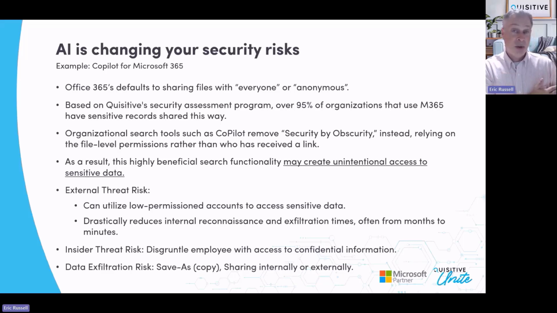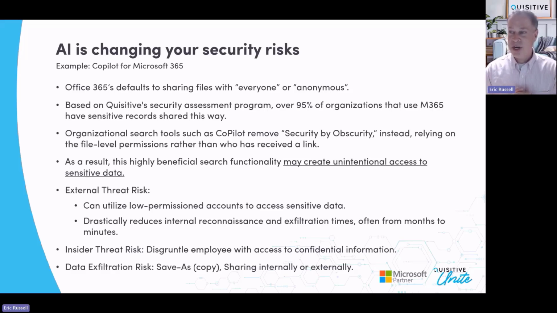So whereas the previous slide was a Gartner survey and their experience, this is our experience. We still do a lot of security assessments where we discover that the defaults are still everyone and anonymous. Even in cases where those are changed, we still see that there is a lot of content, sensitive records that may be shared in this way. And that's typically not a desired state.